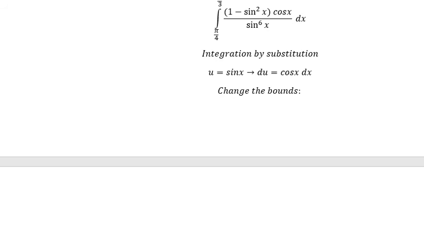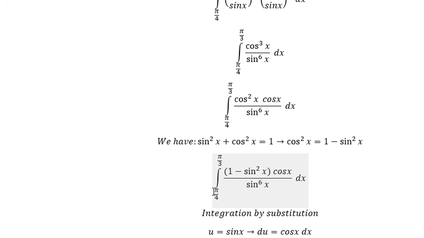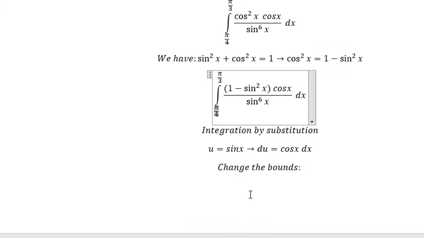So when s equals b over 4, we put b over 4 in here to find the value of u, and we have u equals the square root of 2 over 2.